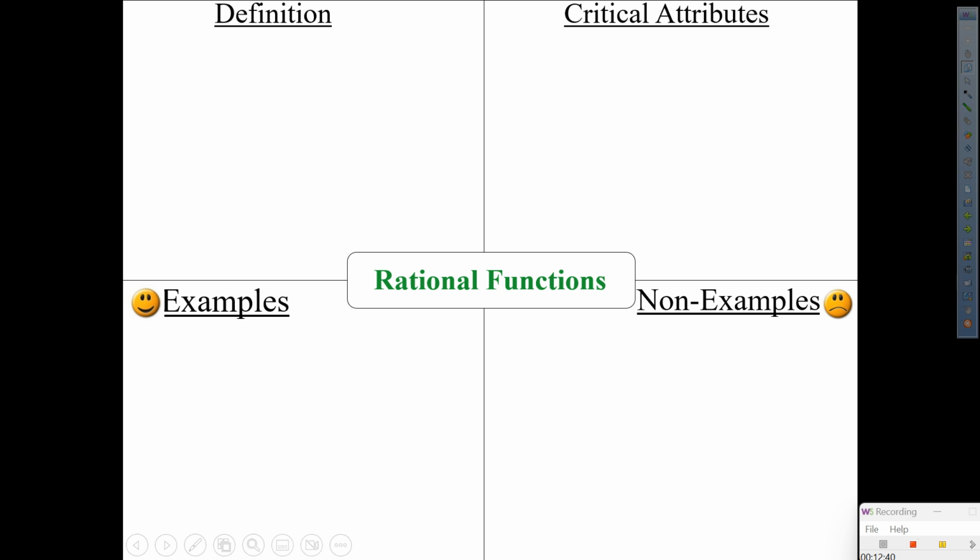Anaya, what comes to mind? Frida, help her out. Fractions. Let's go. That is correct.